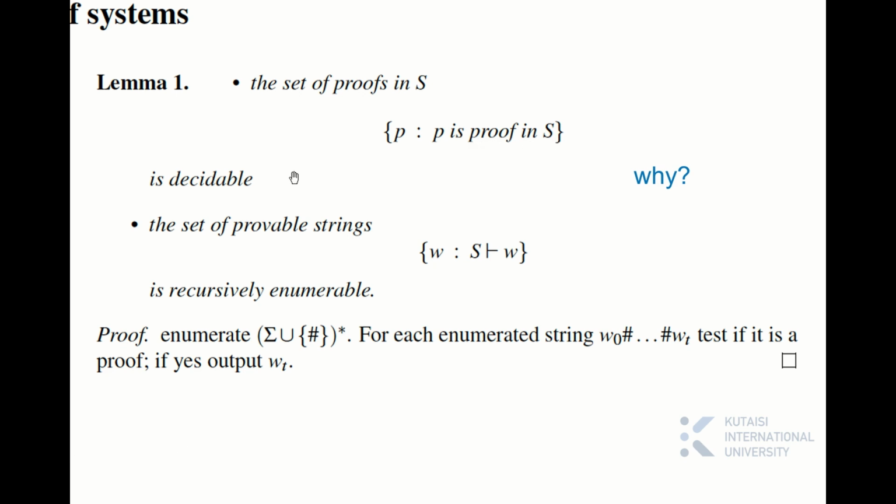Let's address this one first. What does it mean? It means that I can algorithmically, if I give you a long string, you can tell me algorithmically whether this is a proof or not. So let's say I give you a string, how would you check whether it's a proof or not? So you should be able to tell me yes or no. Exactly.